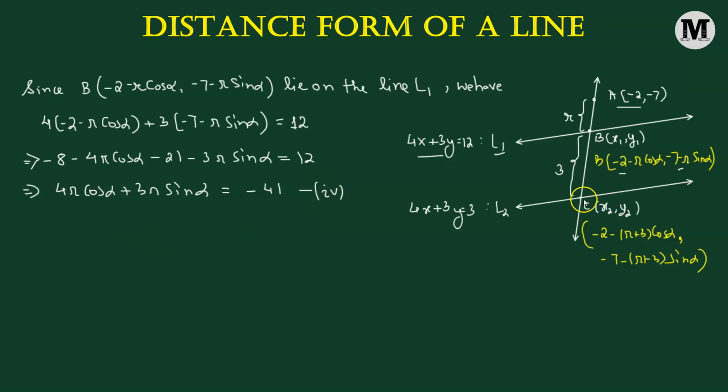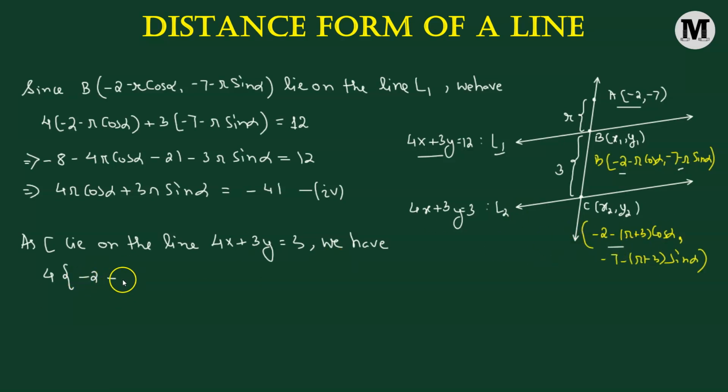Next, we have the point C passing through the line L2. That means the coordinates of point C must also satisfy the equation of line L2. Now we need 4 times x. So x is going to be -2 minus (r + 3) times cosine of the angle alpha, using the x coordinate of point C. This is going to get added to 3 times y, so y is -7 minus (r + 3) times sine of angle alpha.